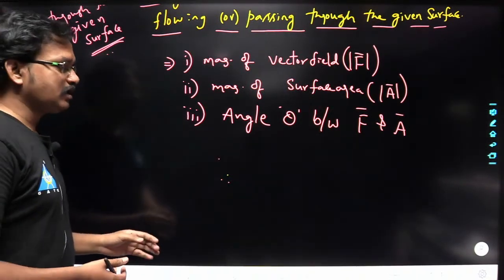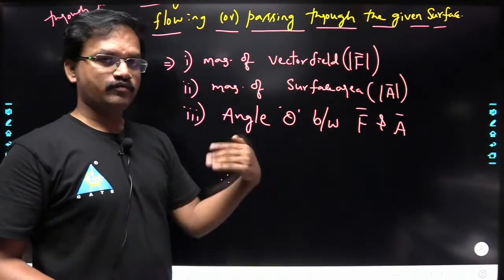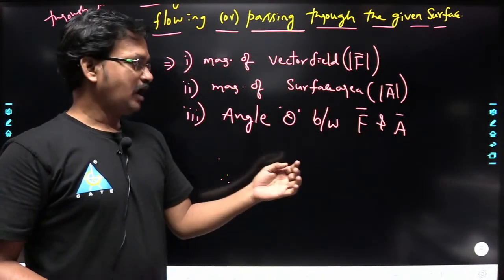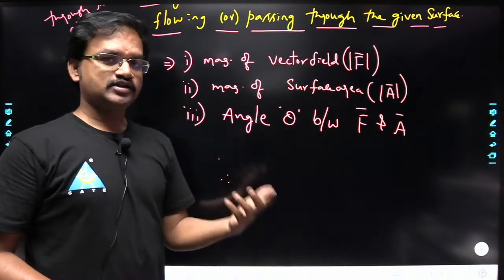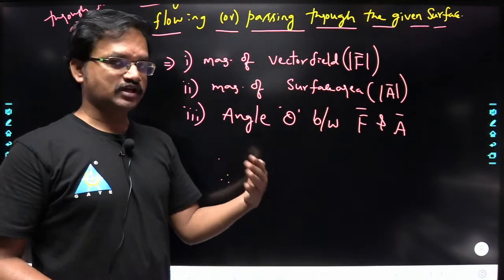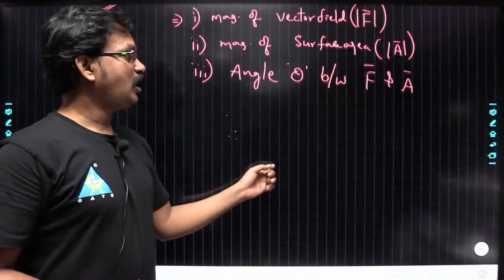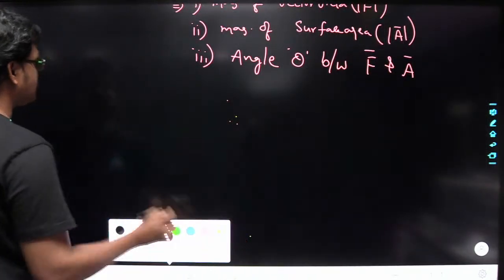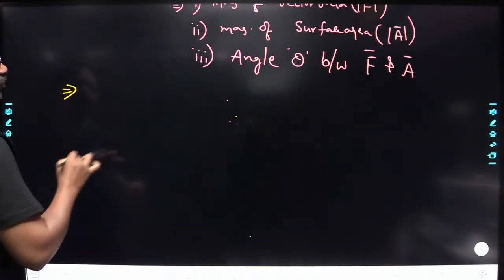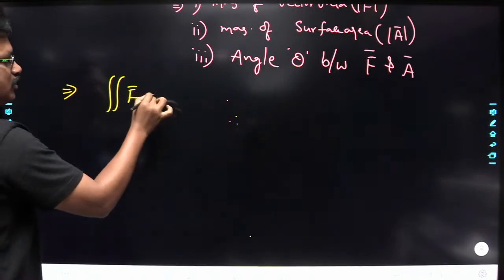We have seen that whenever F bar and A bar both point in the same direction, we get the flux as maximum, and whenever F bar and A bar are perpendicular to one another, the flux through that surface will be 0 or minimum. Mathematically, the flux through any surface in general is represented as the double integral of F bar dot dA bar.